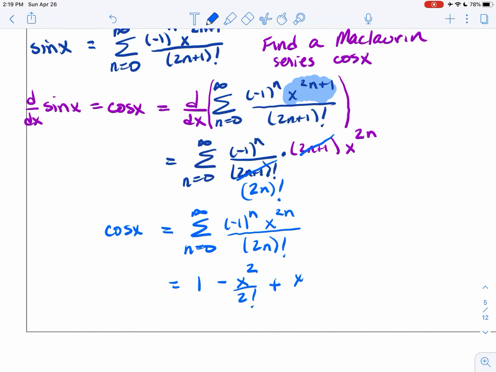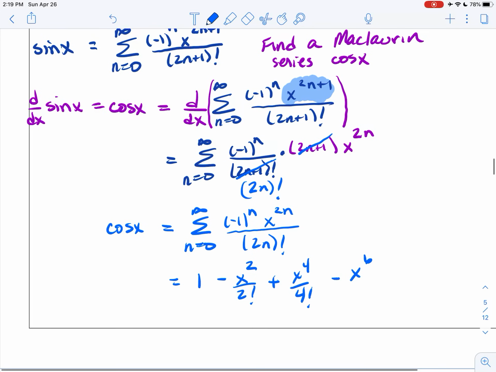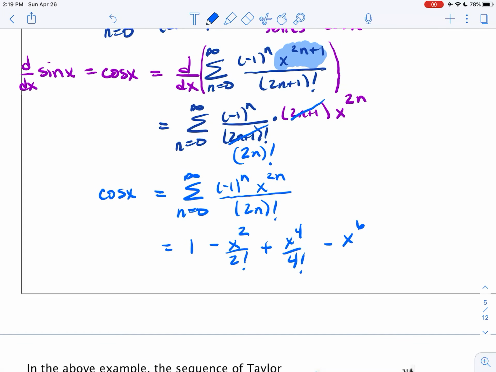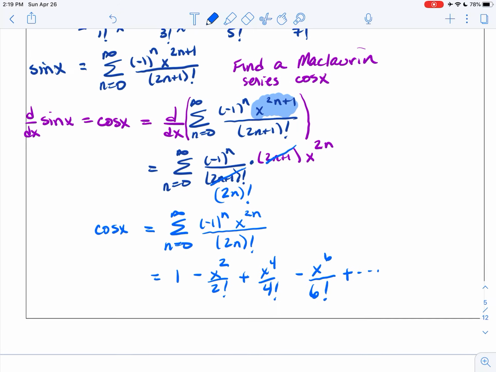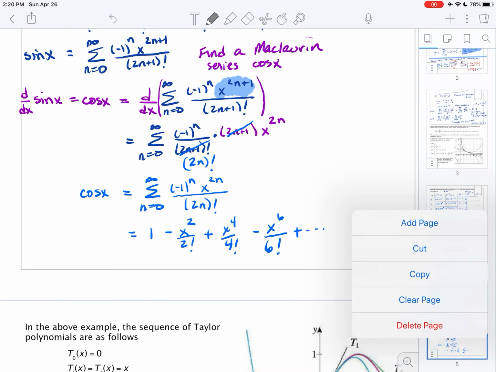For n equal to 2, we'd have a plus again, and we'd have x to the 4th over 4 factorial. And for n equal to 3, we go back to negative, and 2 times 3 is x to the 6th over 6 factorial. And so that would be our cosine expansion as well.